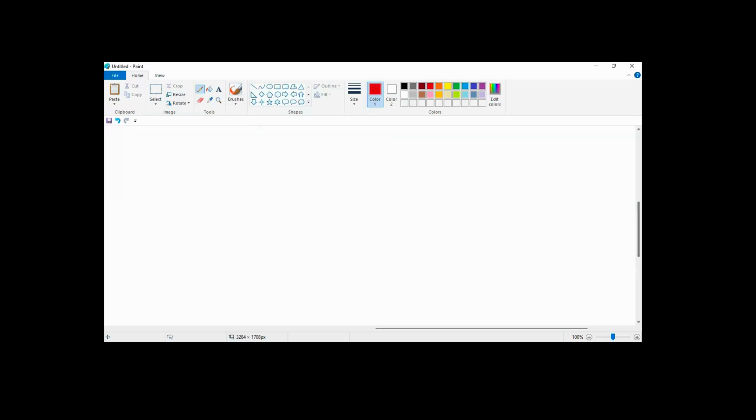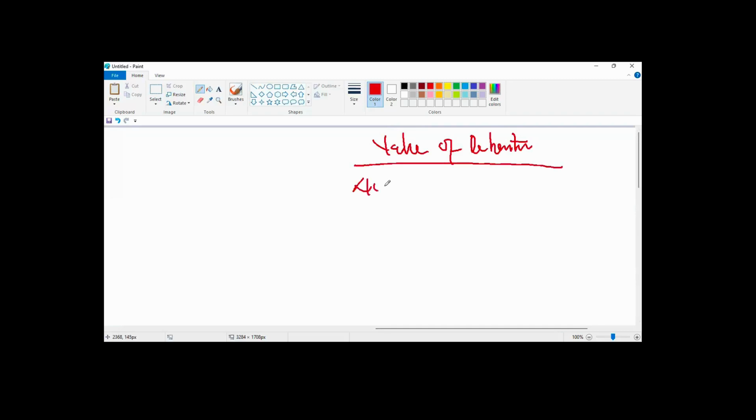The value of the debenture: we have 4,000 units times each value, so this will give me 4 million naira. Do you agree with this? Yes, sir.